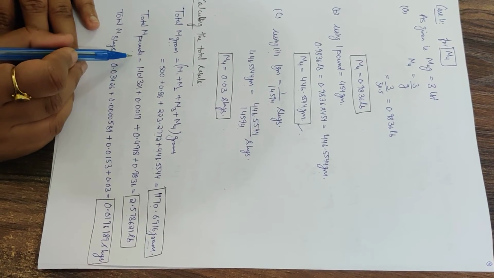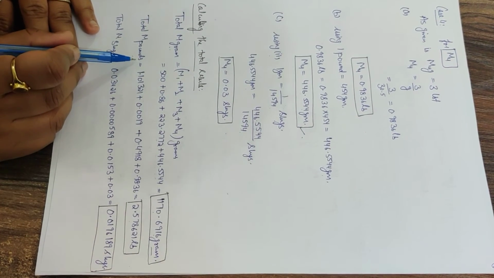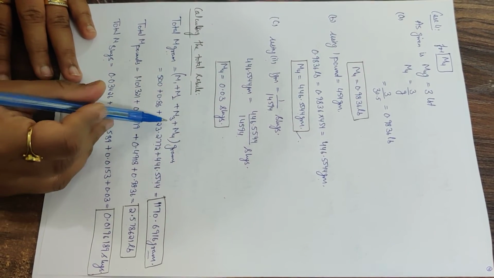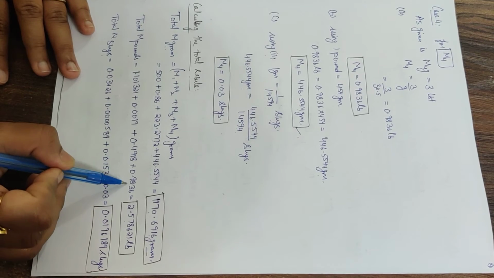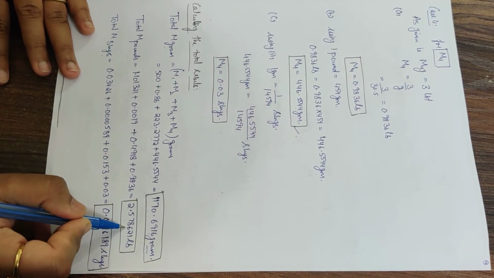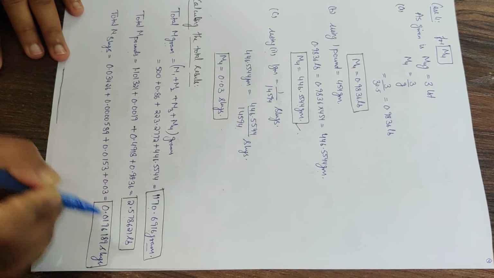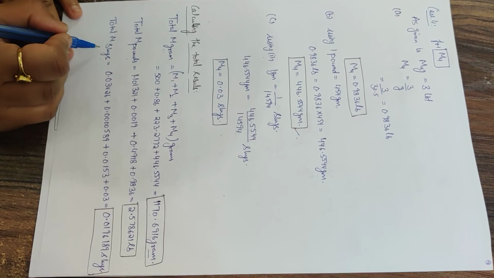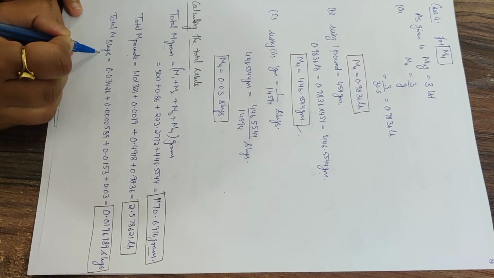And now adding the values that we have calculated in terms of pounds, M1 in pounds, M2 in pounds, M3 in pounds and M4 in pounds. On adding all these, we are getting the value as 2.578621 lb.